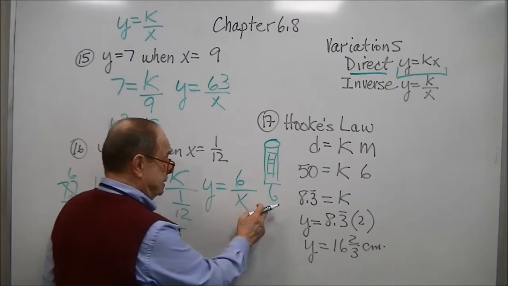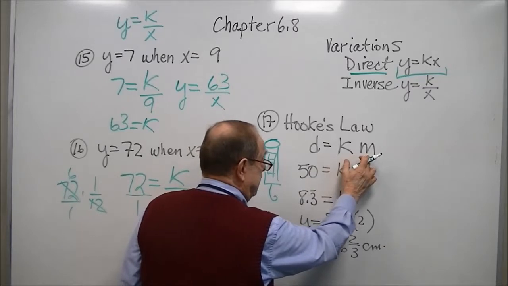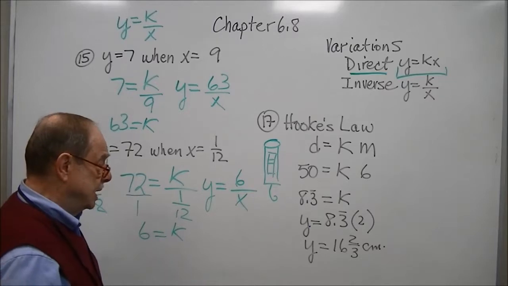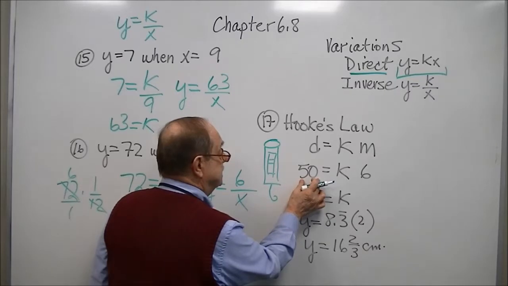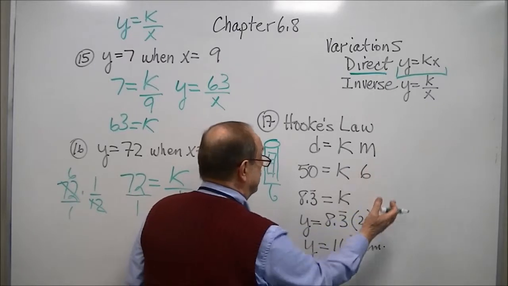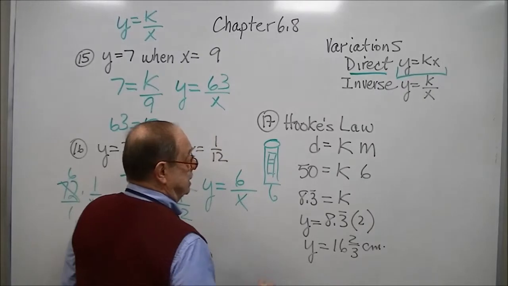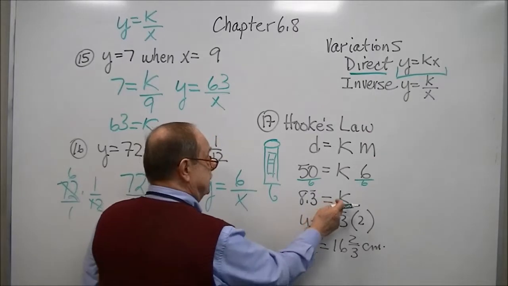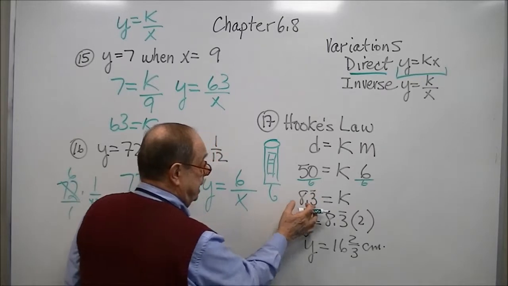Well, Hooke's law says the distance is equal to a constant times the weight or mass. So they say the distance is going to be 50 centimeters and the weight is 6 whatever, and you need to find what k will be. Well, you just divide both sides by 6, and this gives you k is 8 1/3, which I put in a fractional form.